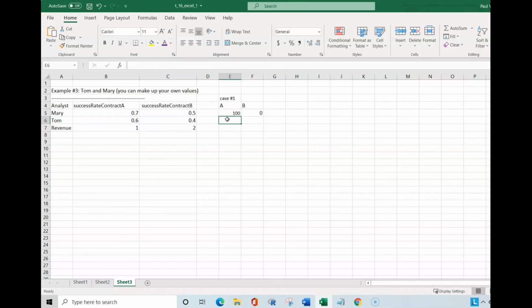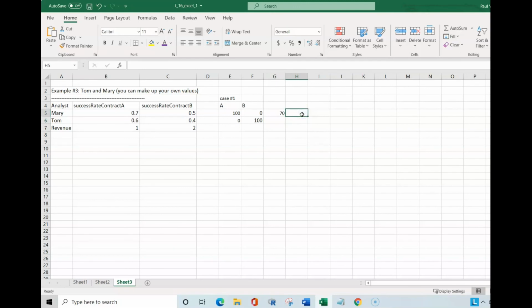And for Tom, it's opposite. Tom is also taking 100 projects last year. So let's look at their performance. Performance for Mary is 100 times the corresponding success rate, which is 70%. Of course, it's 70.